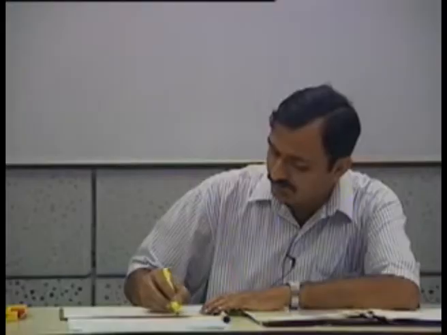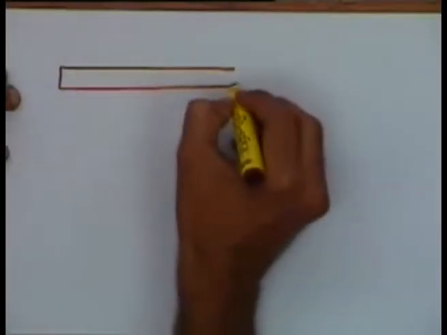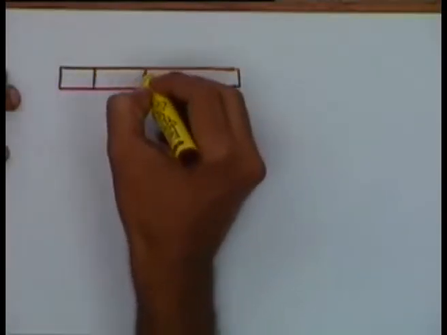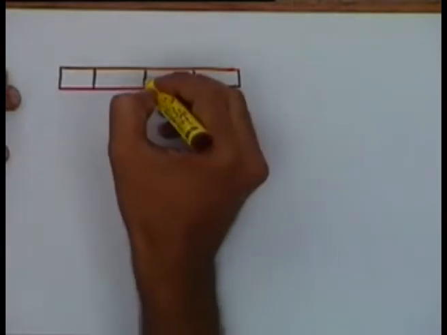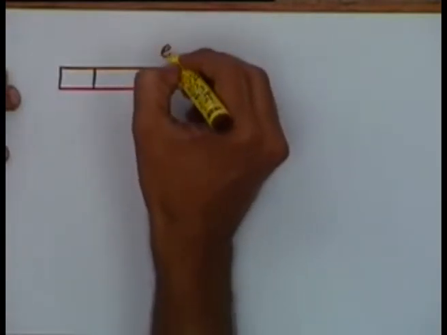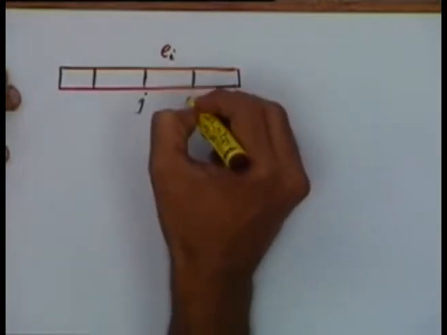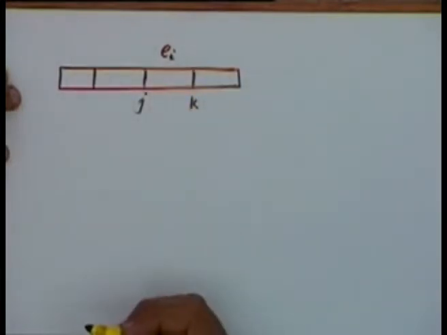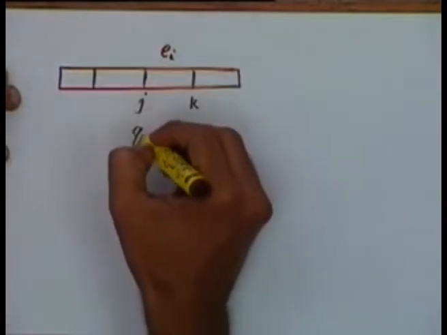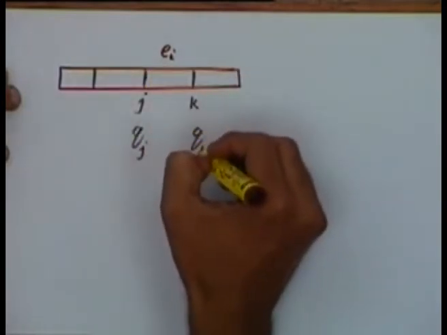So if we have a set of finite elements like this, let us say this is my element EI between nodes j and k. The deformation of this is qj, the deformation of this is qk.